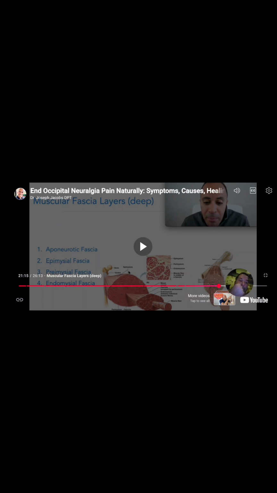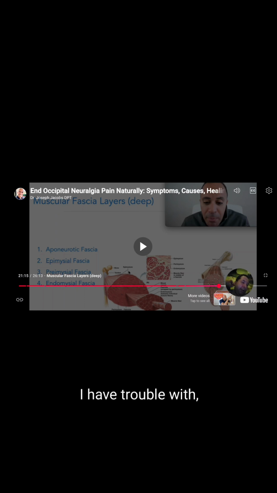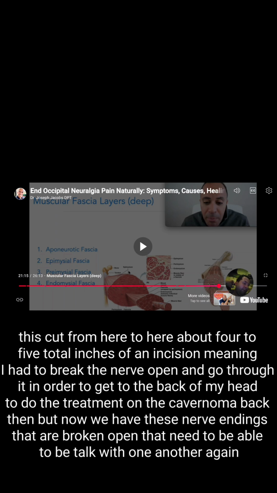I'm interested because I have issues with the tightness of my skin around this area. I think it's nerve pain, because I had a cut from here to here, about 4 to 5 inches of incision, meaning they had to break the nerves open to get to the back of my head to do the treatment on the cavernoma.